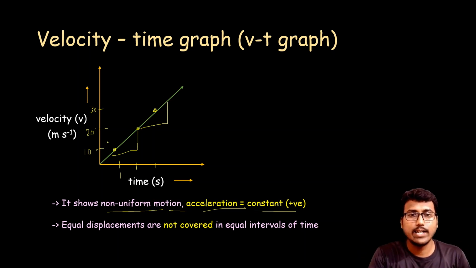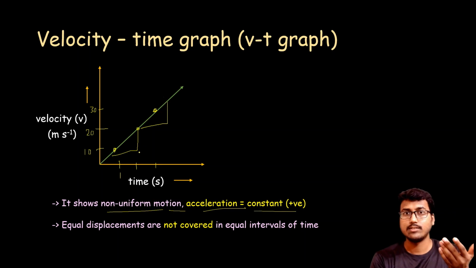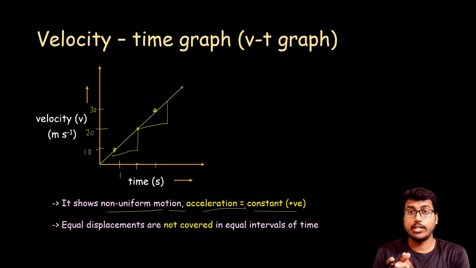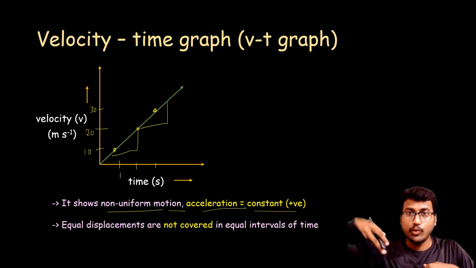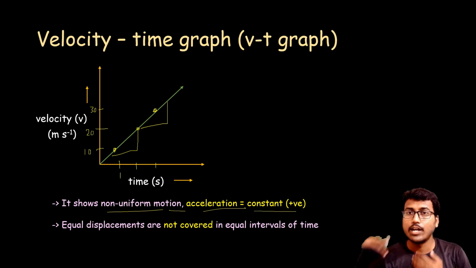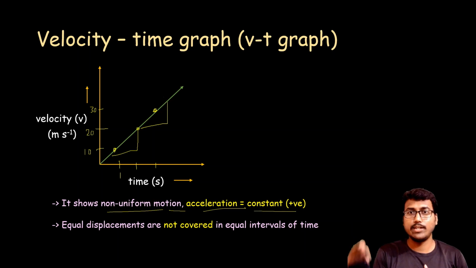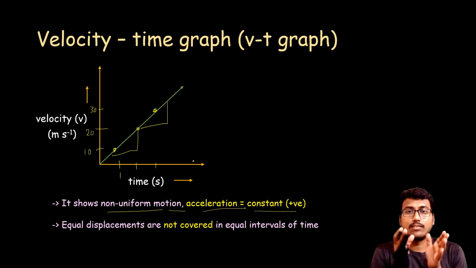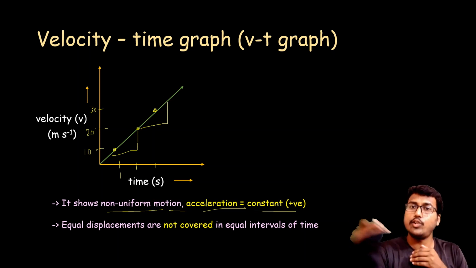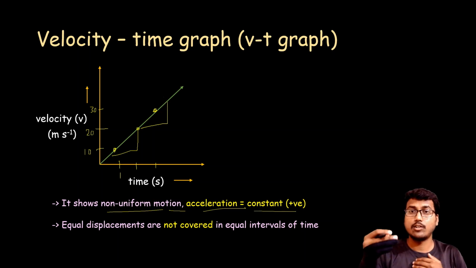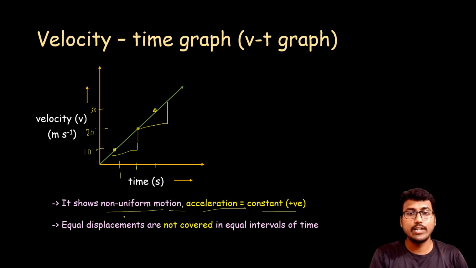So in 1 second, it can travel 10 meters. If you increase the speed to 20 meter per second, in a second it can travel 20 meters. If you increase the speed to 30 meter per second, in a single second it can travel 30 meters. That means the speed is increasing continuously, so displacements are not covered equally. So it is non-uniform motion.